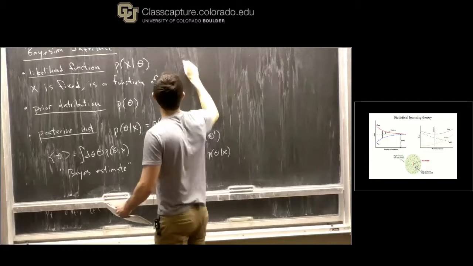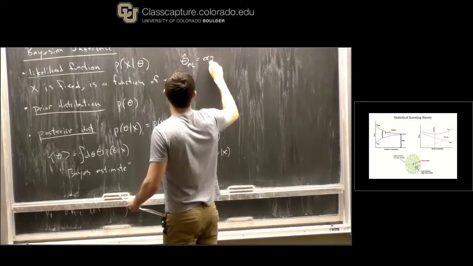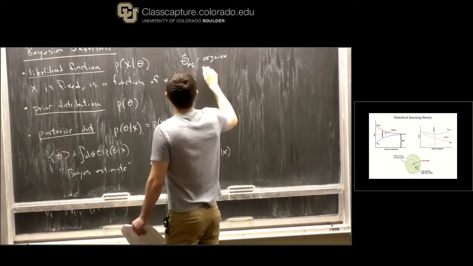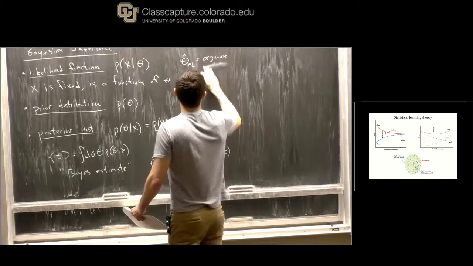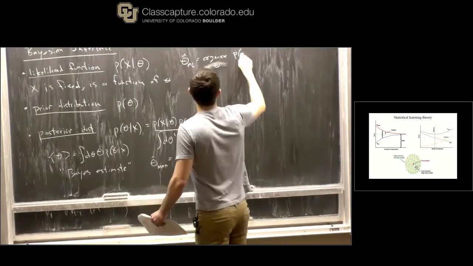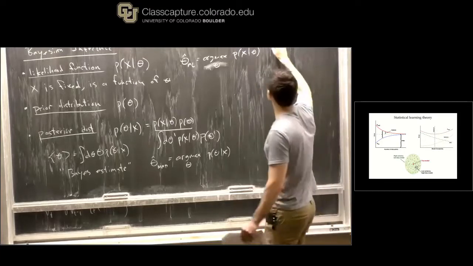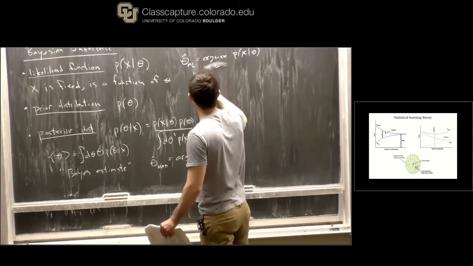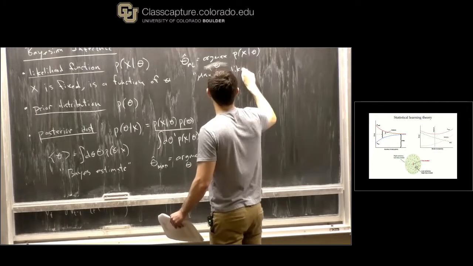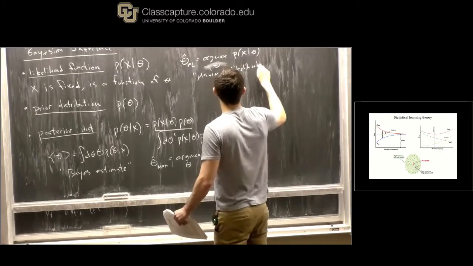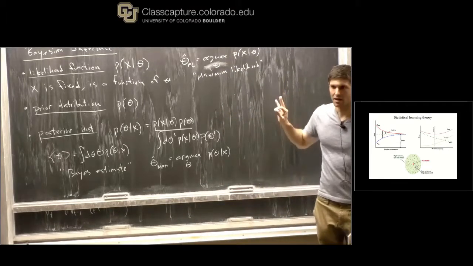So if you do that up here, this is called the maximum likelihood estimate. Okay, does this all make sense?